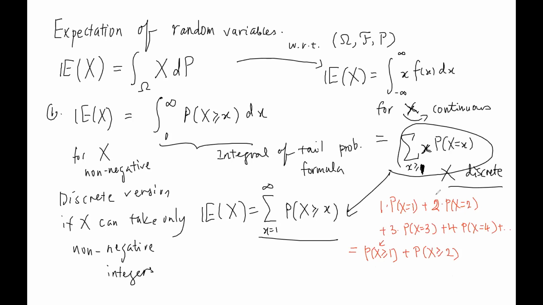Because once this 1 has been given over here, you are left with P(X equals 2), but then you can sum the rest here, okay? So one of the guys here can go with this and pair up, so you get this, and so on. And therefore this is basically just this formula.